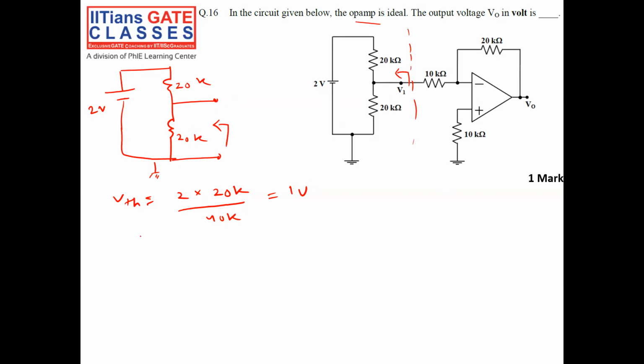When I want to find RTH, my voltage source will be short circuited, so my RTH will be 20k in parallel with 20k, equal to 10k. So this circuit can be replaced by a voltage VTH in series with RTH.